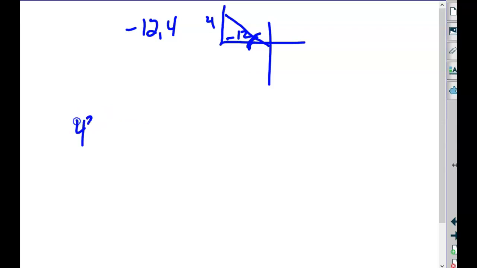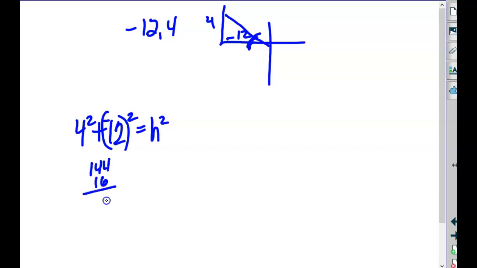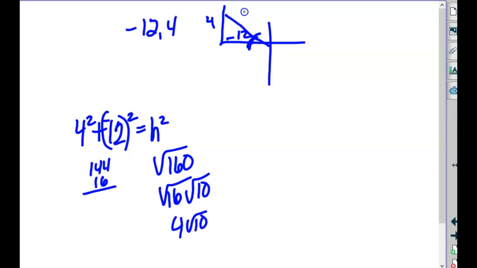So if we do Pythagorean theorem, somebody type that for me. 144 plus 16. 160. Square root of 160 would be 16 times 10, or 4 square roots of 10. The hypotenuse is always positive.